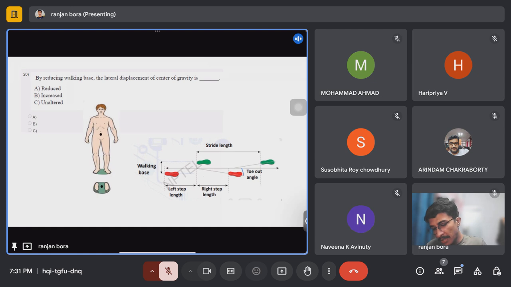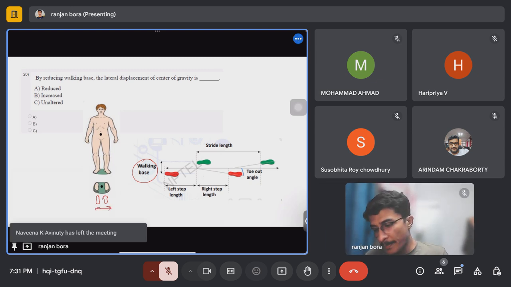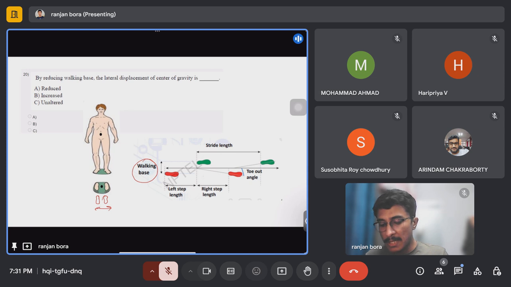If we reduce this walking base, meaning the distance between these two feet, then the lateral displacement, this displacement, meaning the displacement of the center of gravity in the lateral direction, also gets reduced. So option A is correct.